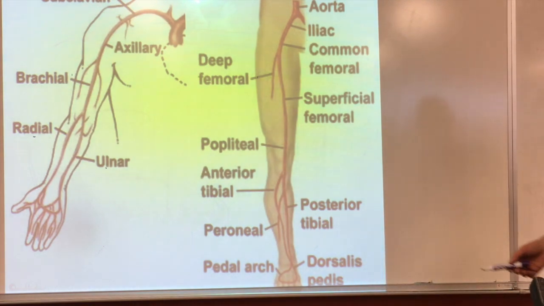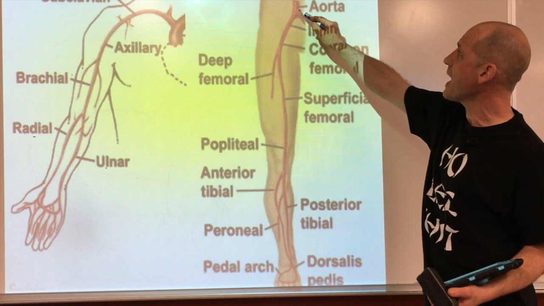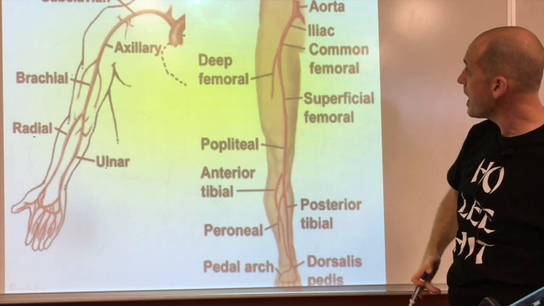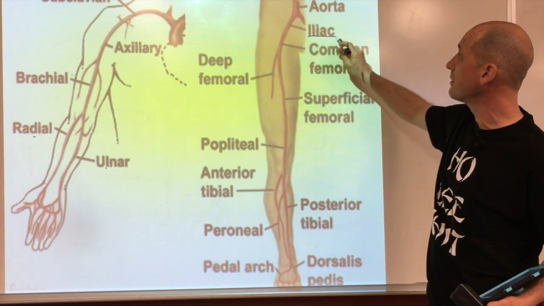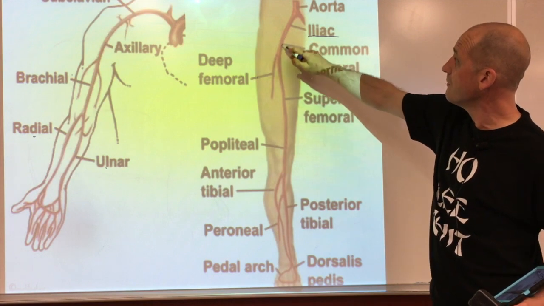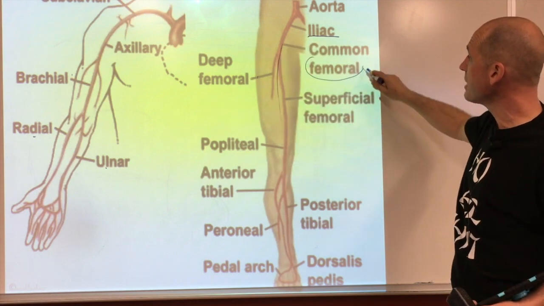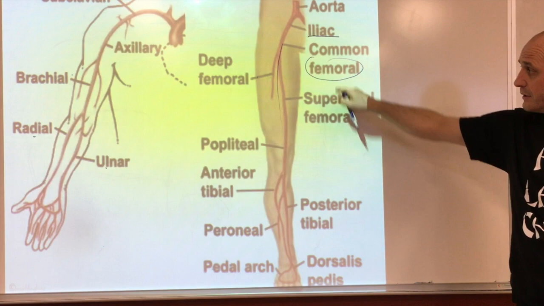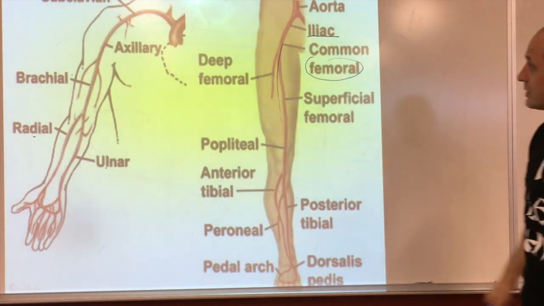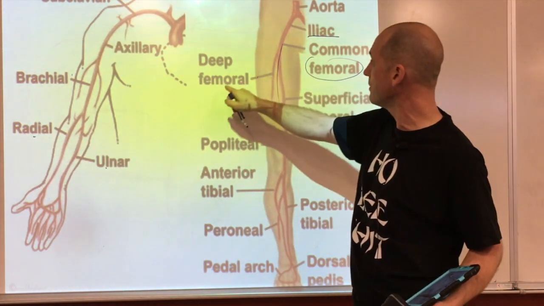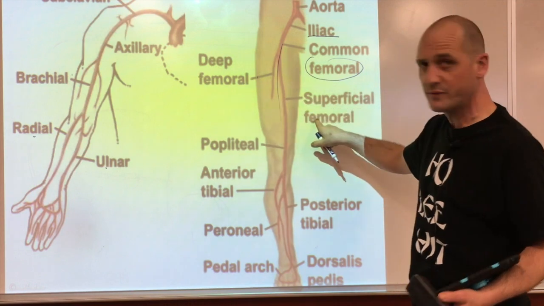Then look at that. Down here we got the aorta coming down right here, and then it splits into the iliac, and then we go to the femur, that's a bone, the femur, a femoral artery. There's actually three: first the common, then the deep, and then the superficial.